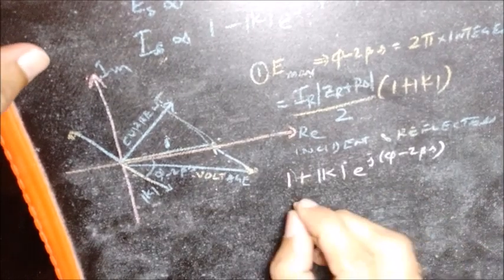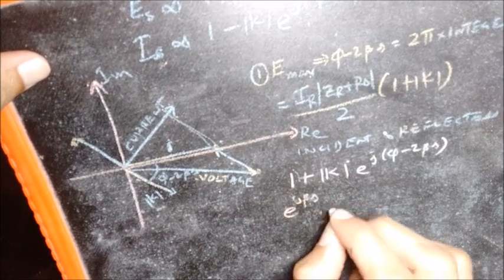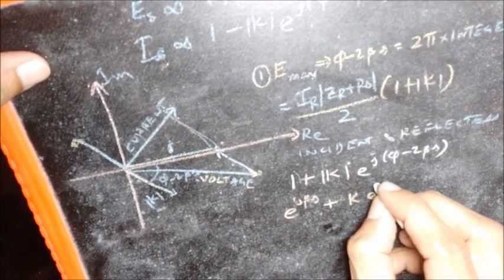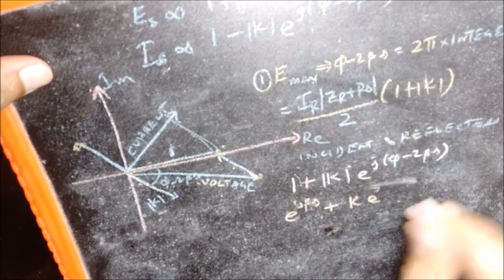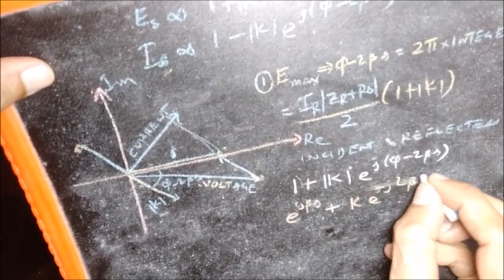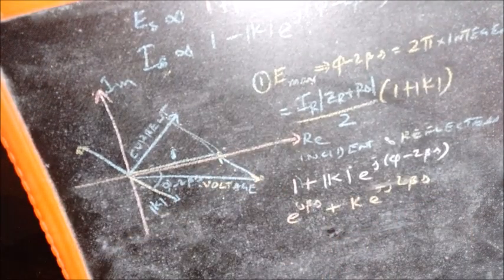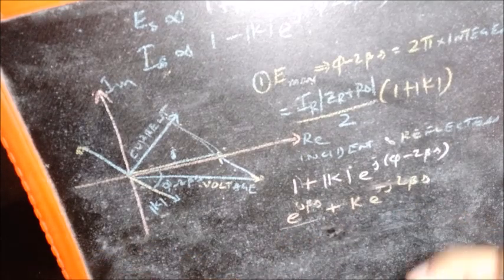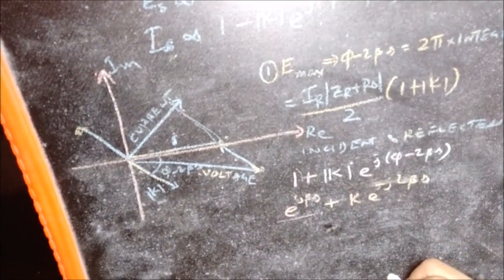So that means you can write it as e raised to j beta s plus k e raised to minus j 2 beta s, where k is now |k| e raised to j phi. And when this incident and the reflected field are in phase, the two add up to give Emax. That is what we understand.